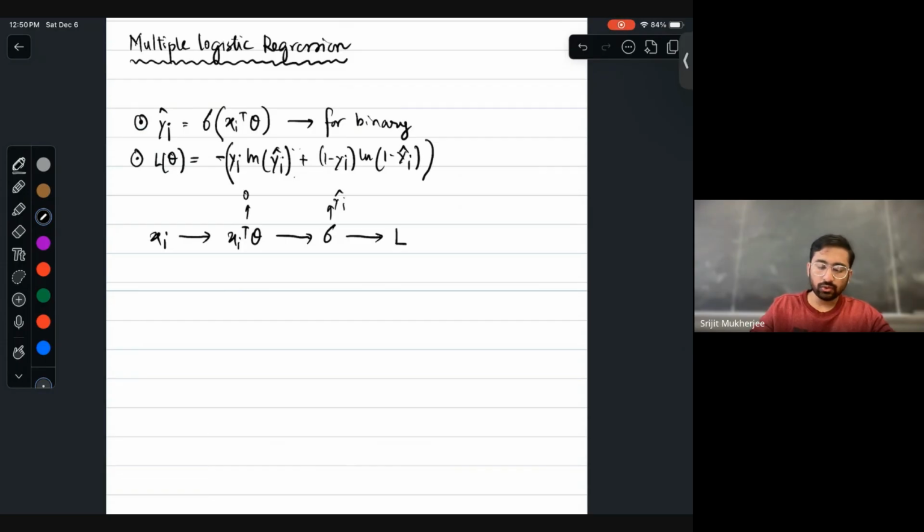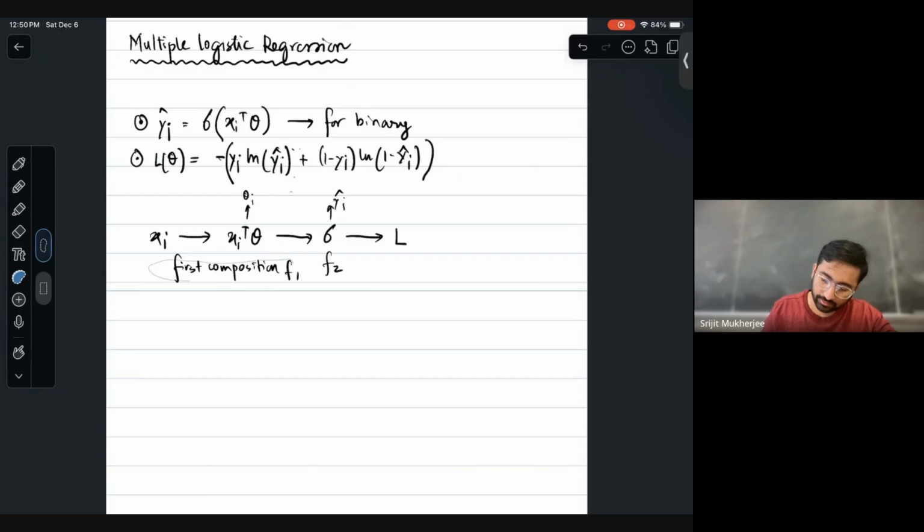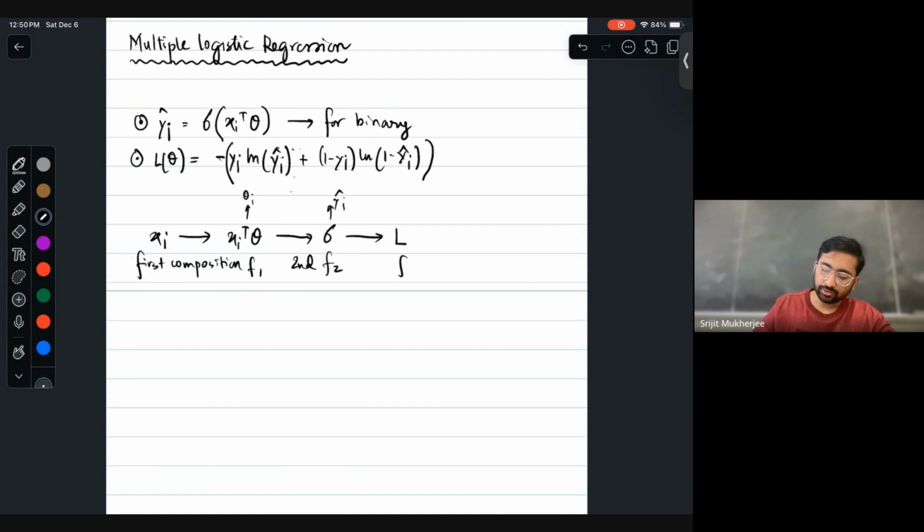So you can see this is the first composition, f1. This is the second composition, f2. And this is f3.